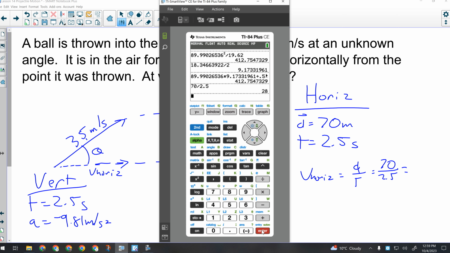So now I know the adjacent side. Can I get the angle now? What trig function should I use? I know the adjacent side and the hypotenuse, so I should use cosine, yeah.